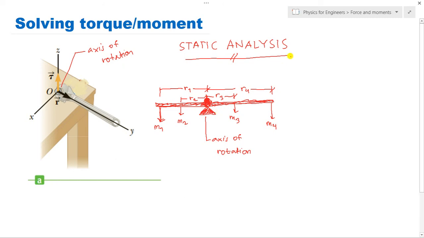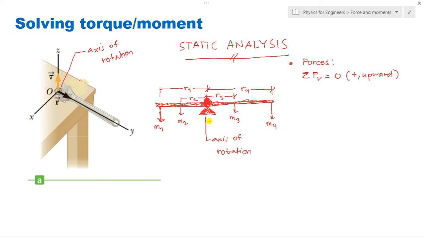Do you remember our static analysis for the force? Summation of forces along the vertical is equal to 0, because it is not moving, since it is static. So, class, what forces act in the vertical direction? Let's say positive forces upward. Based on this figure, what forces act along the vertical direction?